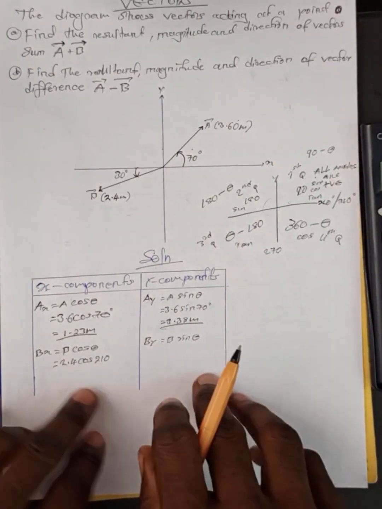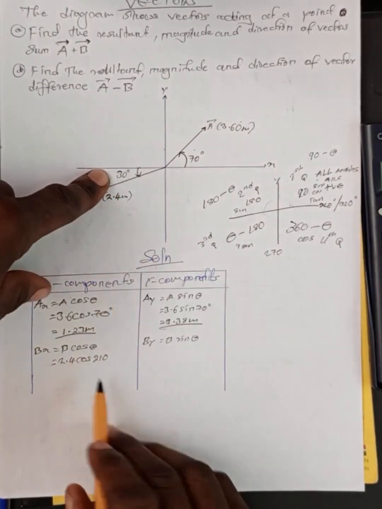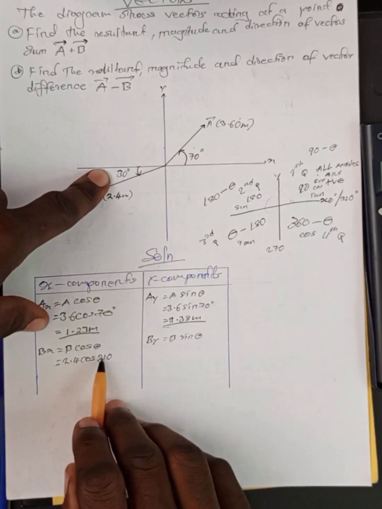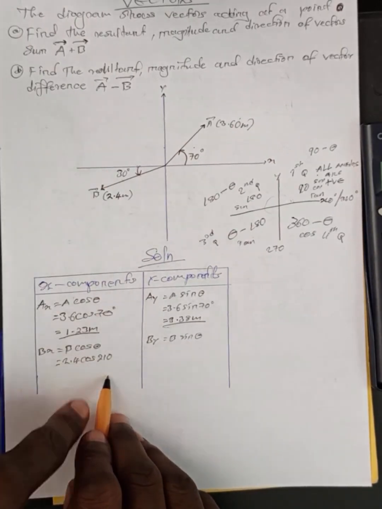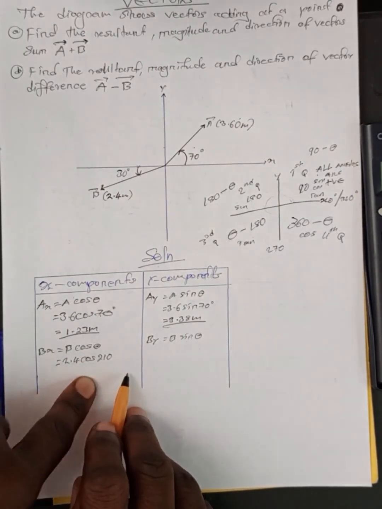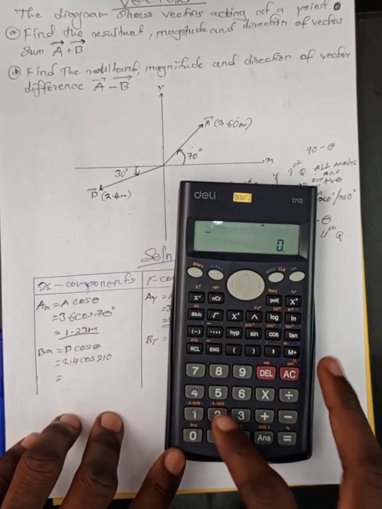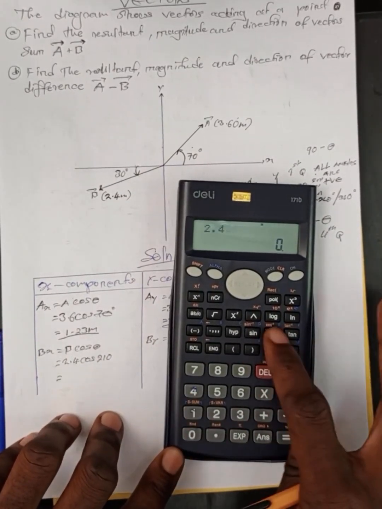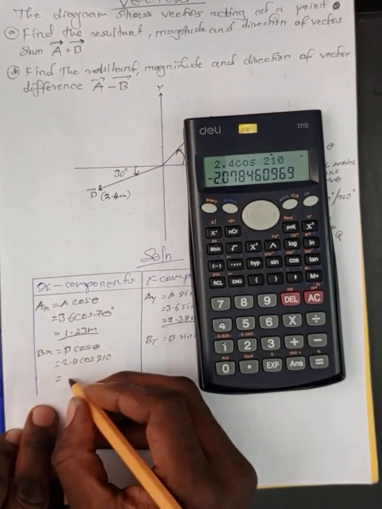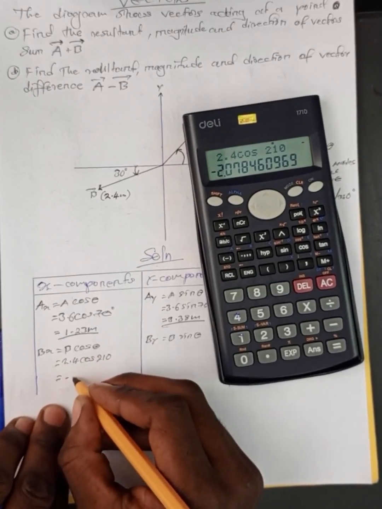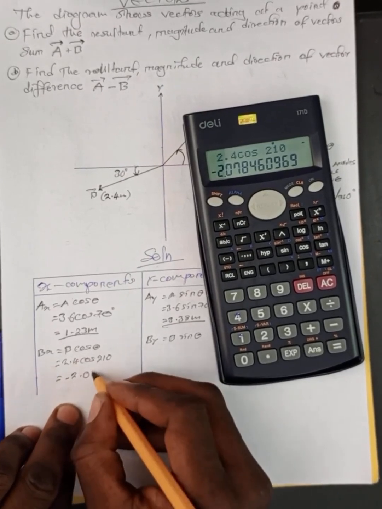When you use the exact value of 30, you should add a negative to your answer. If it gives you a negative, you should remove the negative. So here we are going to have 2.4 cos 210, which is negative 2.09.